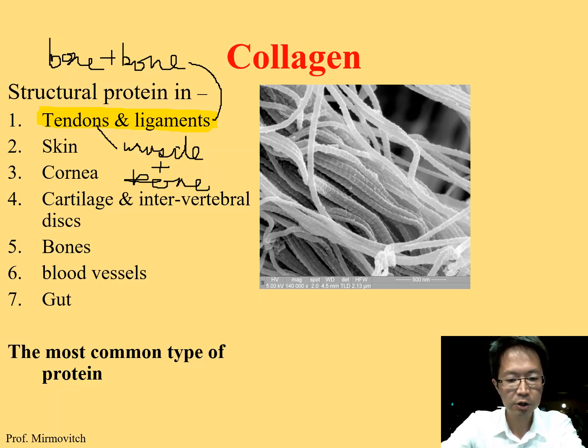And then yes, you can have collagen in skin. So skin has 3 layers. The superficial layer, the outermost layer that you see and touch every day, is called epidermis. And then under epidermis you have dermis. You can find collagen in dermis. And you know why we have wrinkles? Because when we are old, the cells, we call them fibroblasts, in the dermis start to die, or they are no longer active, they stop producing collagen.